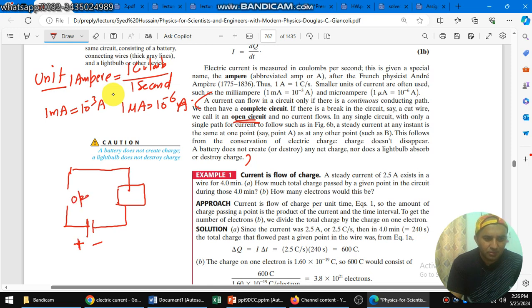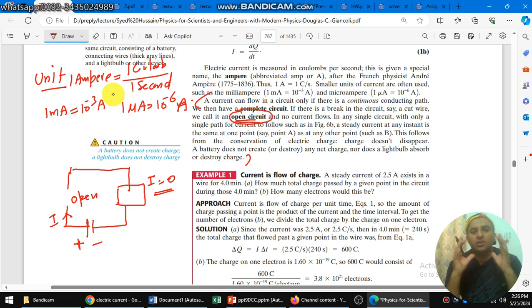When we open it, meaning we disconnect the wires, the charges will not be able to move and current will not flow. So the total current in the bulb becomes 0; when the circuit is open, no current flows through the bulb.